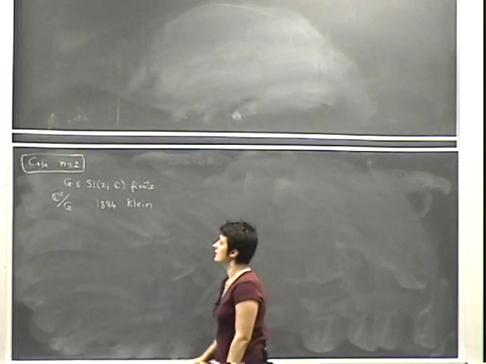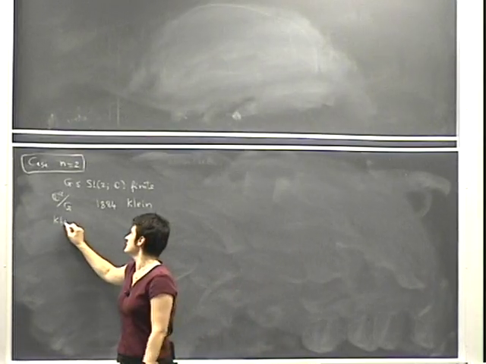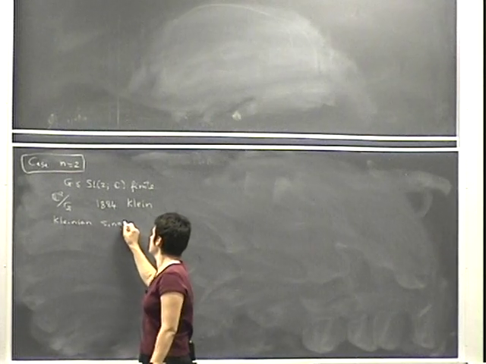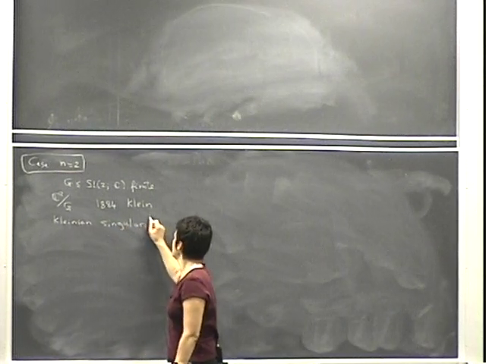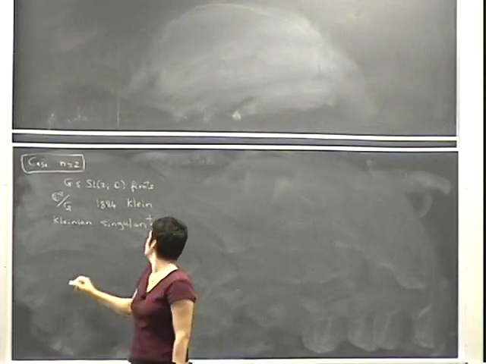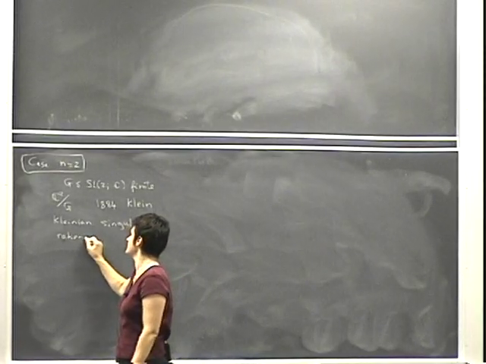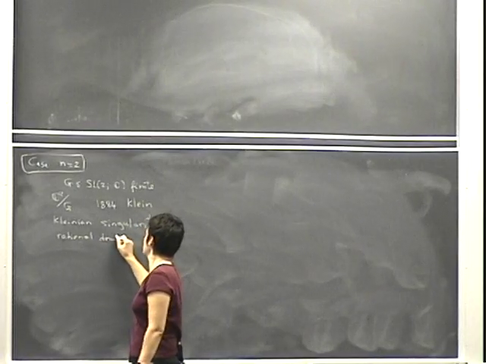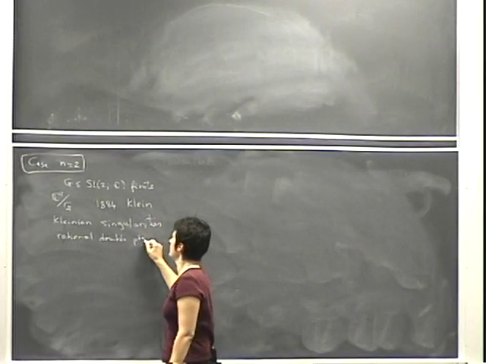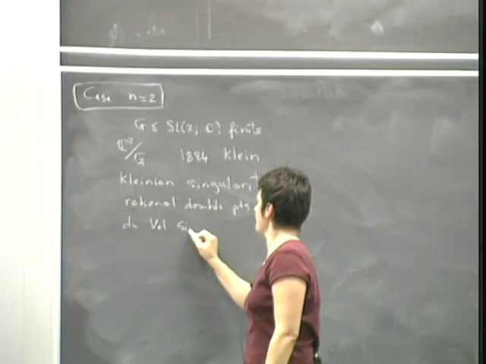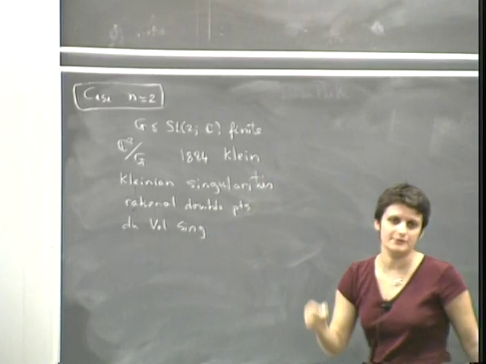And then they are called Kleinian singularities. Or they are also called rational double points. Or sometimes Du Val singularities. It depends on the paper you are reading.